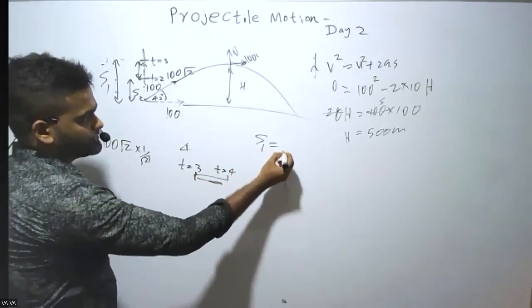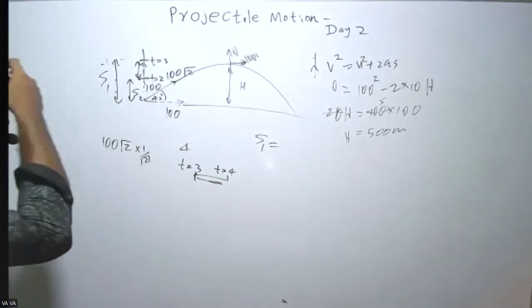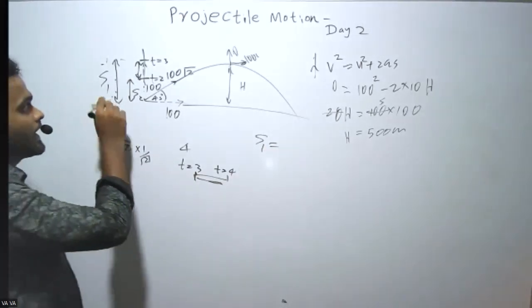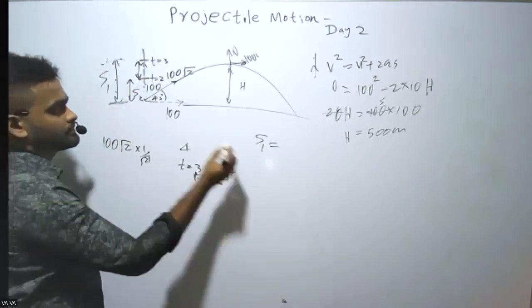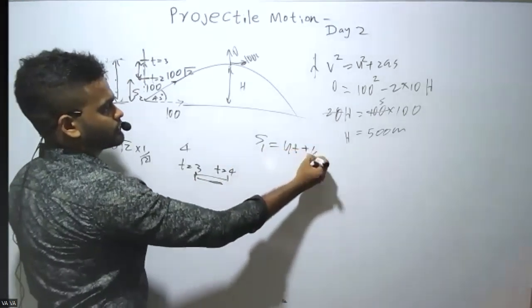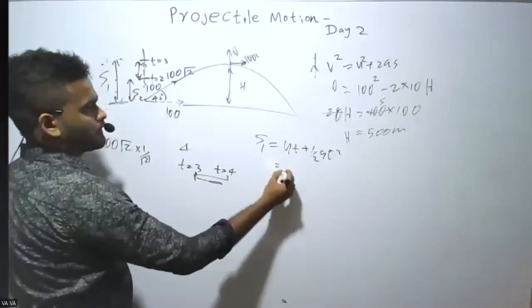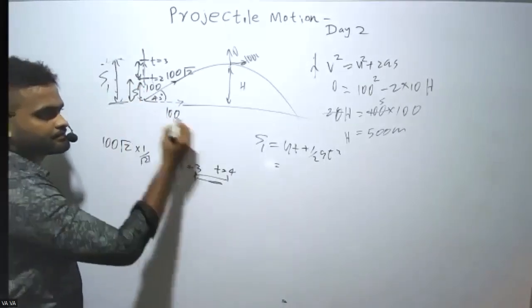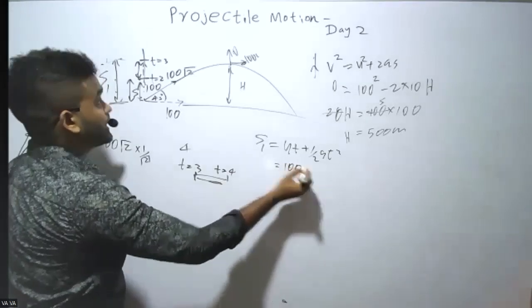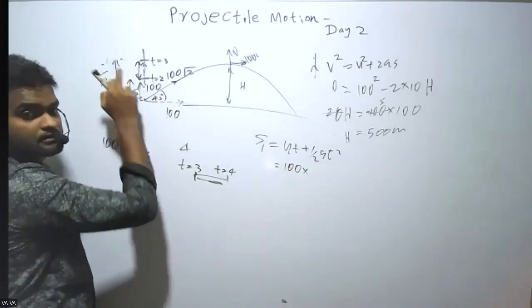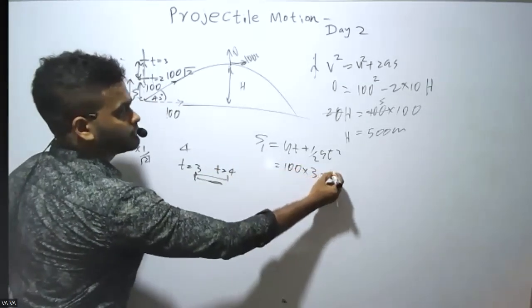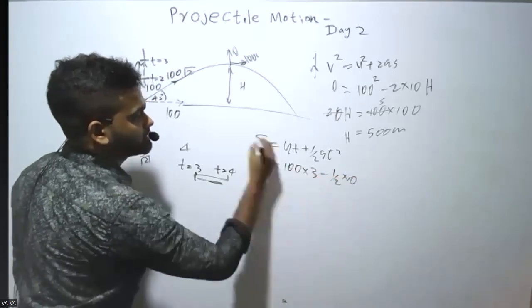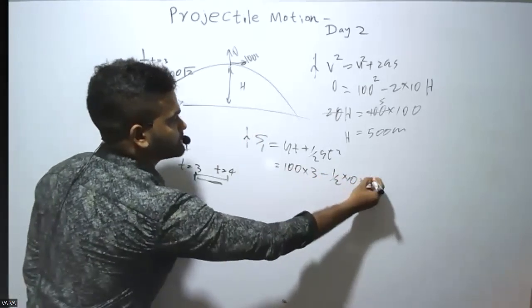So first find S1. Apply the equation from here to here. This equation. Vertical velocity is 100 here, times 3, right? Minus half of 10 times 3 squared.